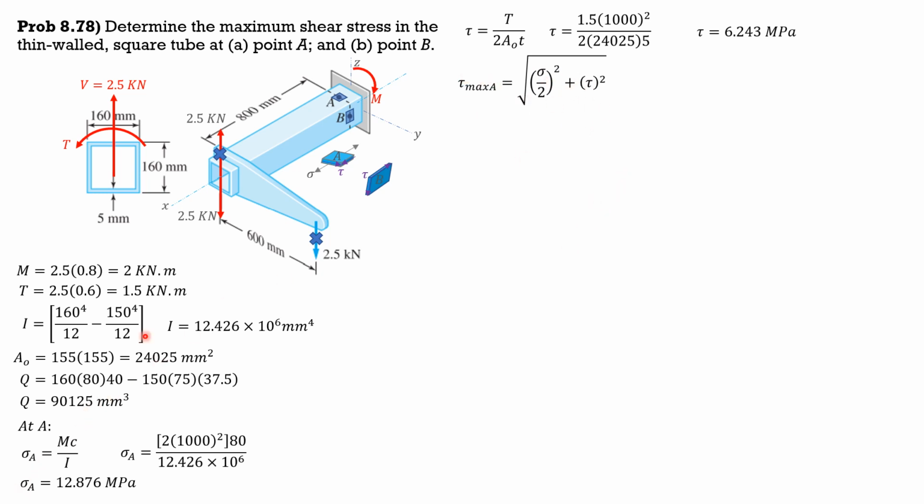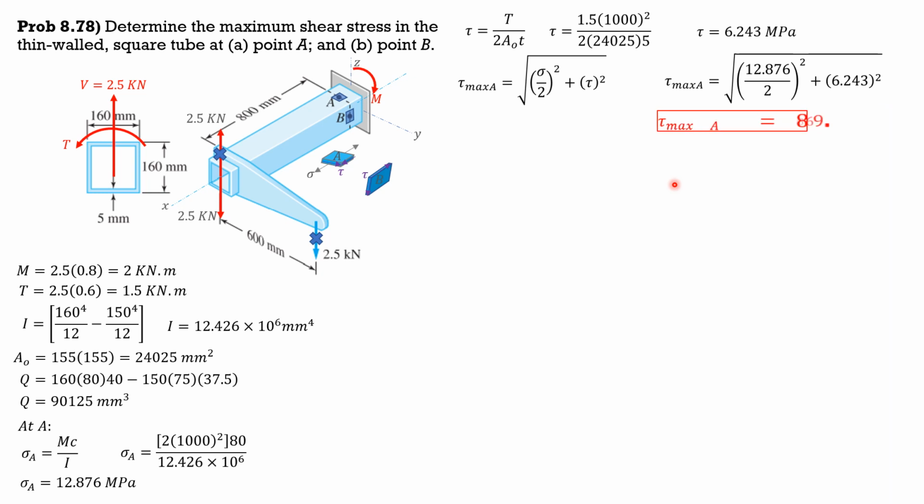Sigma A, for example, sigma AX is 12.876, while sigma AY or sigma AZ is 0. There are no loads that stretch or compress in the Z and the Y direction. So tau max at A is the square root of 12.876 over 2 quantity squared plus 6.243 quantity squared.